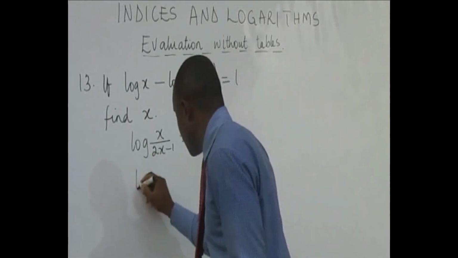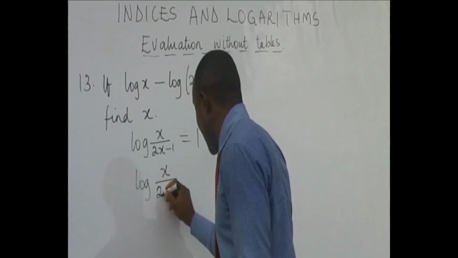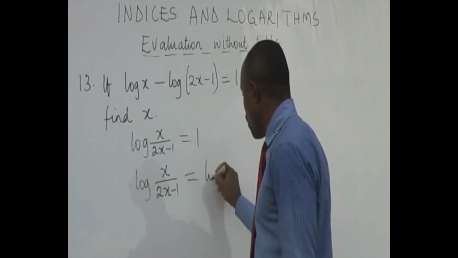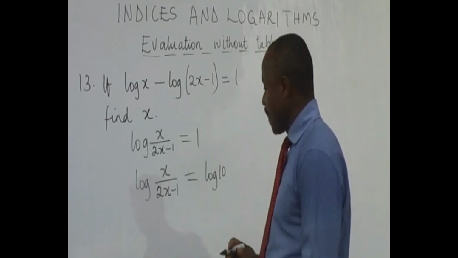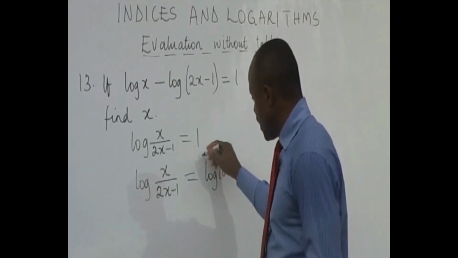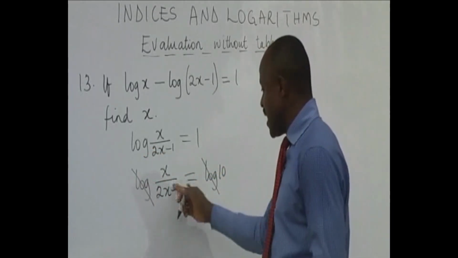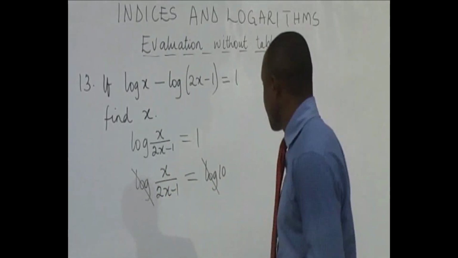So I'm going to have log of x all over 2x minus 1 is now equal to log of 10. Log on this side, log on that side, remove log. It is not needed. Equate: x all over 2x minus 1 is equal to 10.